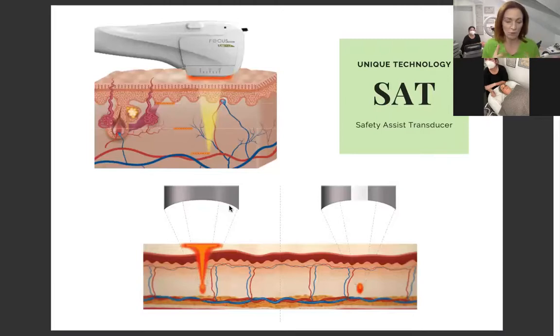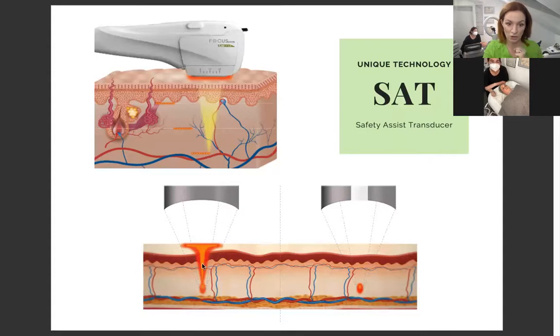Previous or other models of HIFU can be quite uncomfortable and can leave you quite red with some downtime, and some irritation to that top surface layer of your skin, the epidermis. This is because the energy comes from this entire platform here, and as it comes down, you can see here where it concentrates right the way through the skin. This here is causing the irritation and the damage. What we want to do is focus this energy here to cause that constriction.